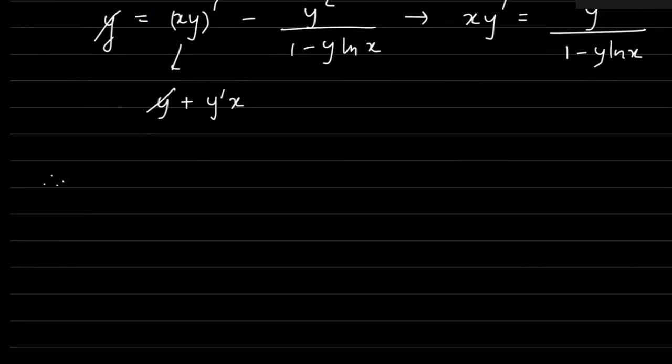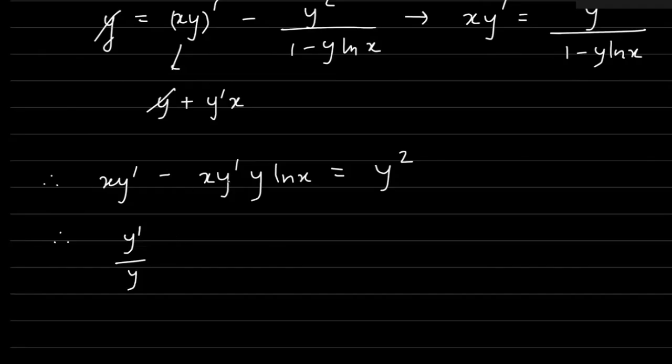So therefore, now cross multiply: xy dash minus xy dash into y ln x is equal to y square. Now divide by xy. Therefore, y dash by y, and shift this term to this side. So y dash by y will become y by x plus y dash ln x.